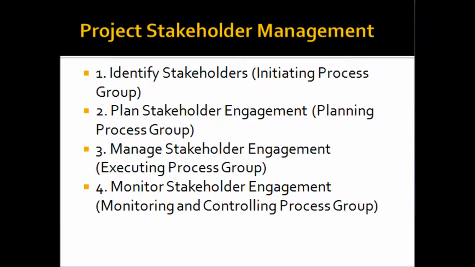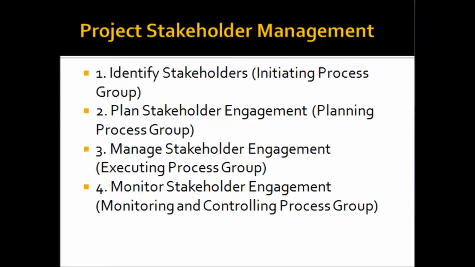Project stakeholder management has these processes. Identify stakeholders. We want to list the various stakeholders on our project. We want to plan stakeholder engagement, how we reach out to them and manage their expectations.